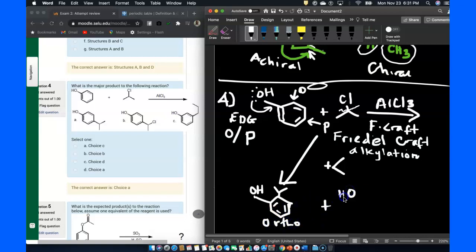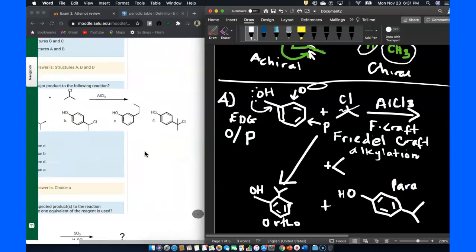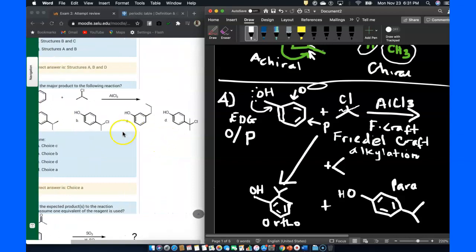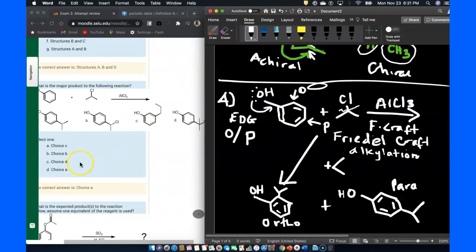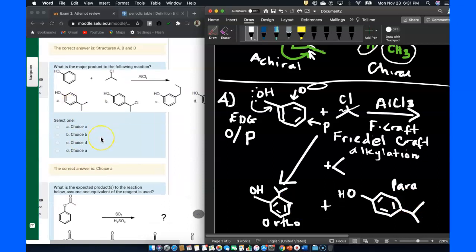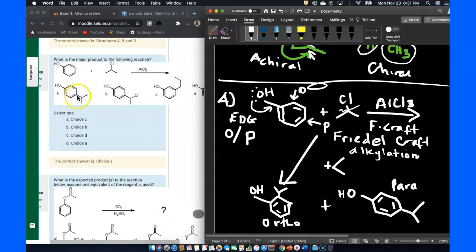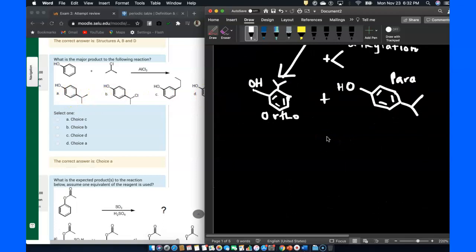The other product will have the alkyl group directly opposite to the OH, and that will be the para product. Okay, so looking at the choices, the only choice that looks like one of these is gonna be choice A, which is the para product. The answer is A, choice A of the structures.